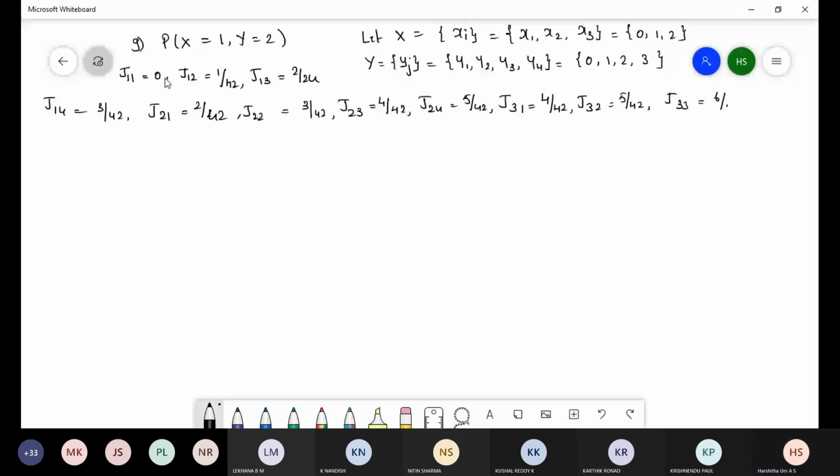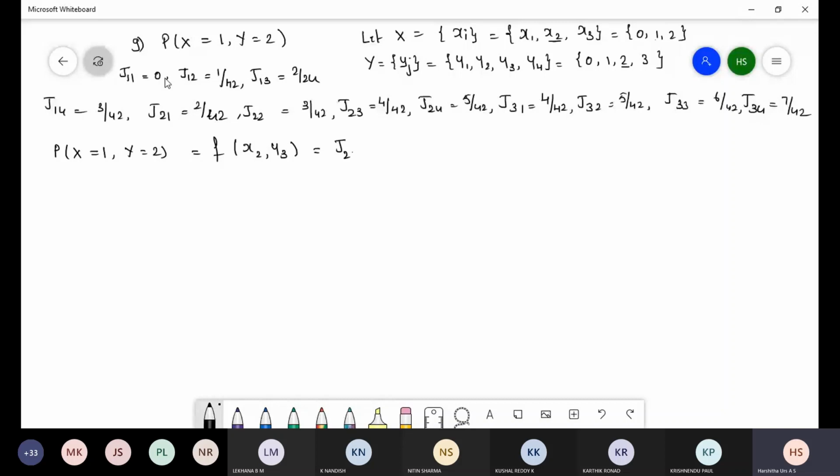equal to 2. So what can we write here? X is equal to 1 stands for x2, and y is equal to 2 stands under y3. So I can easily write this as J23.